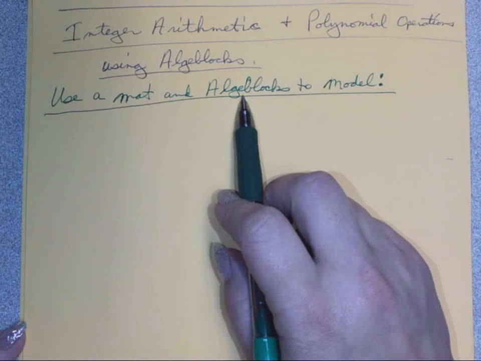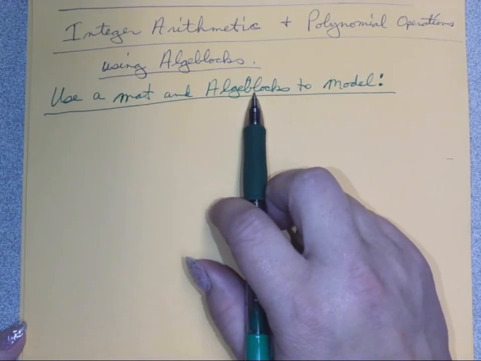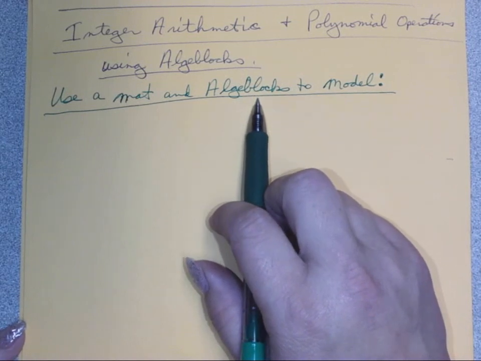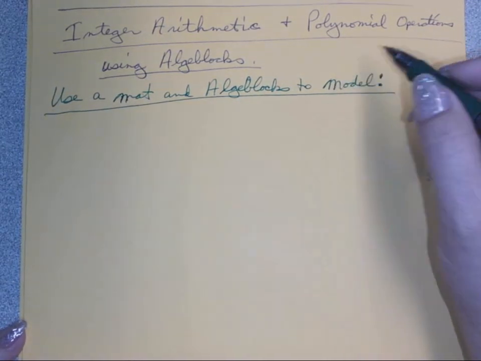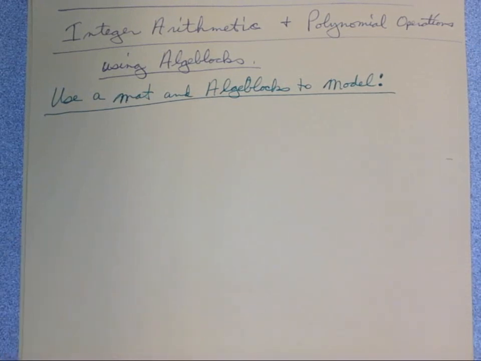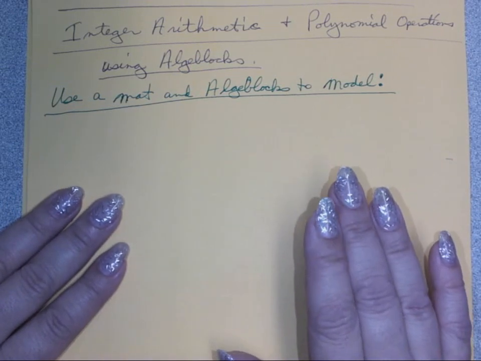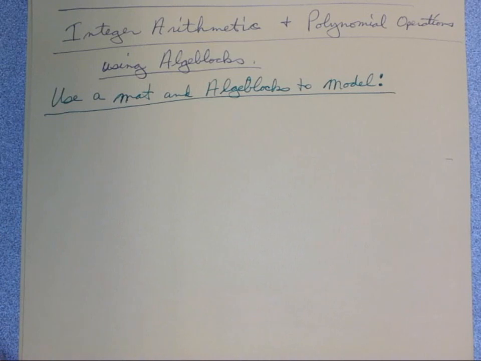So if I go into x cubed, or if I get some y stuff in here, or if I get the xy pieces in here, it's because I know you need to be able to see those and understand those, and so I'm going to still show you those things, and you'll know that you can model upper level stuff, but I'll try to keep it mostly to the x's, because a lot of what we do all the way through Algebra 1 or Algebra 2 is x and x squared stuff, right? So normally your algebra tiles will be sufficient. You can model along with me, and that would be excellent, okay?